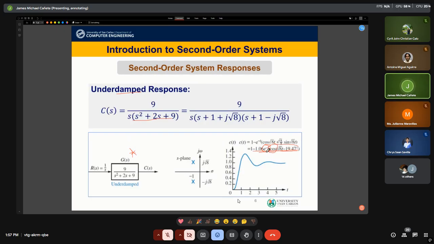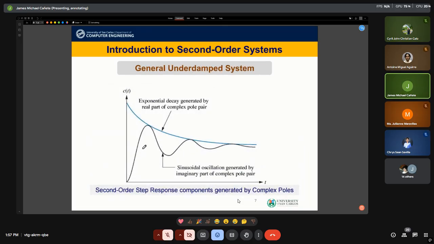But because of the decaying exponential here, we already know that a decaying exponential will lessen in value over time. So the effect is that the amplitude of our sinusoidal also decays. So this is the effect.